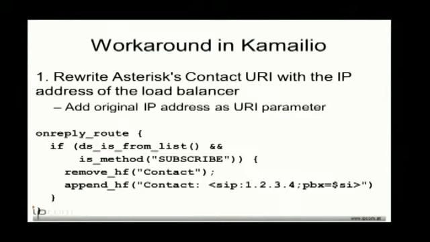If you do this in Kamailio, it's quite easy. The first thing is, in the reply route, if the message comes from a load balancer and it is a response to a subscribe request, then we remove the existing contact header and we add a new contact header. In the URI, we just provide the IP address of the load balancer, and then I put in a URI parameter called pbx, for example.